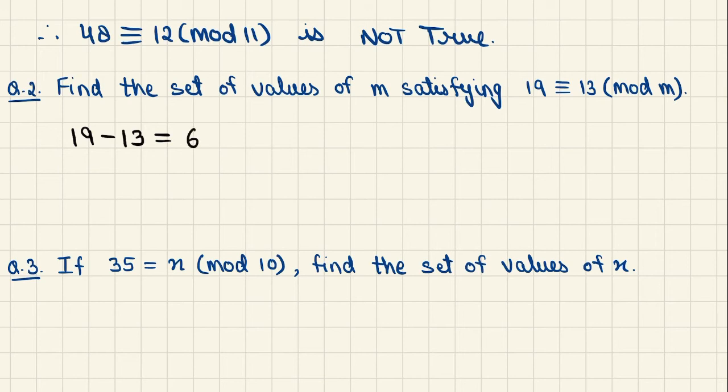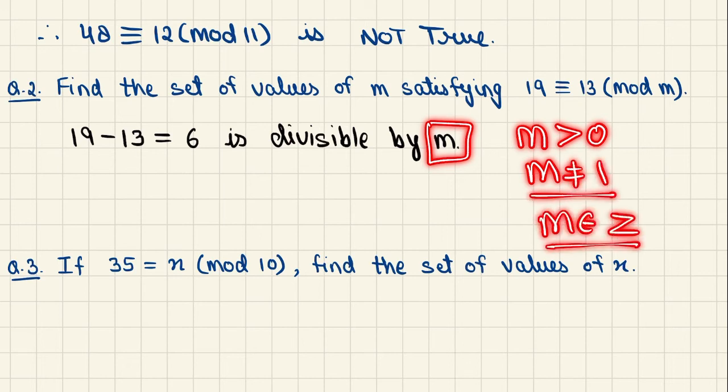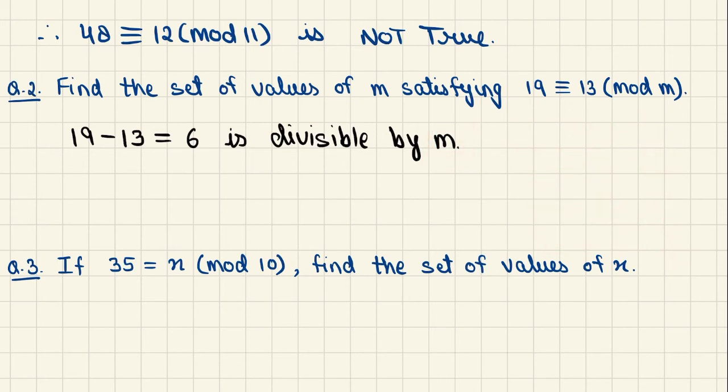Now if 19 minus 13 is divisible by M, that means we can say 6 is divisible by M. So you need to find all the integers which divide 6, and you should know the condition of M, that M must be greater than 0 and M is not equal to 1 and M belongs to integers. So by satisfying these conditions we need to find different values of M.